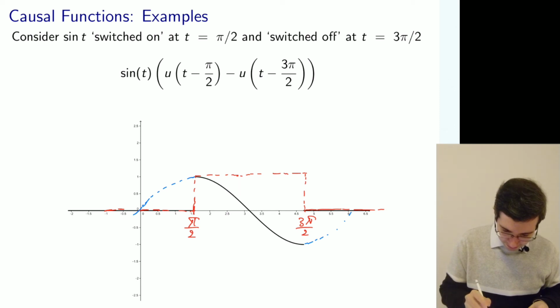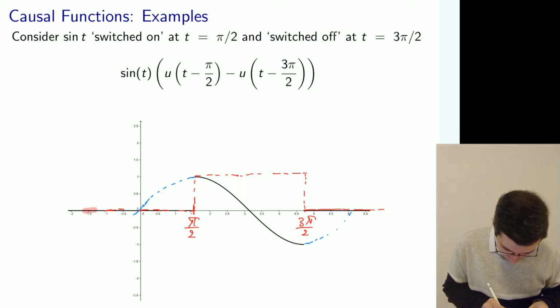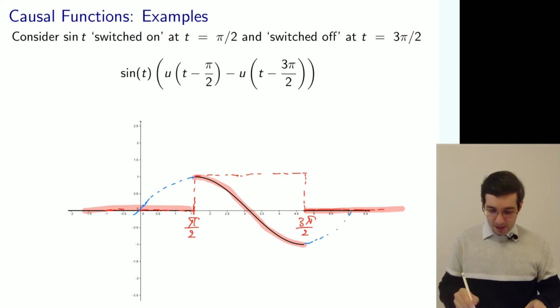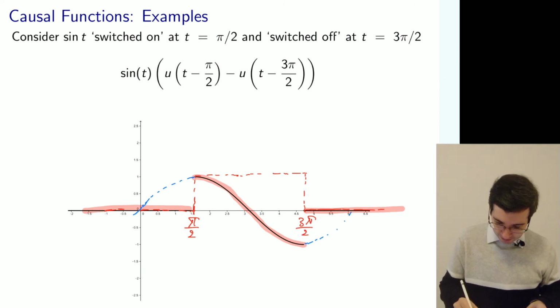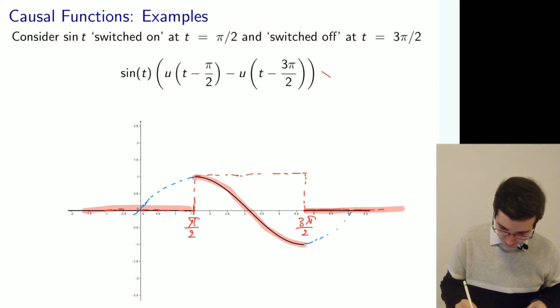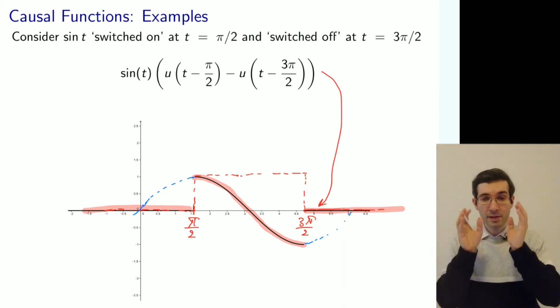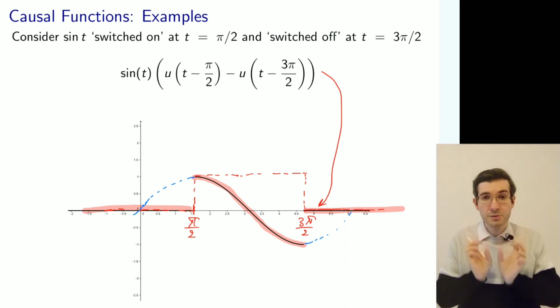And so you see that if you do that, the only time it is not zero is when it is between these two times. And that is exactly that function. So sine multiplied by the difference of two unit step functions.